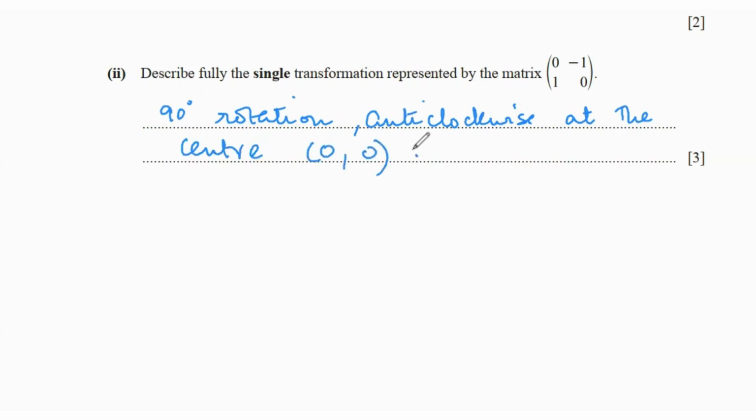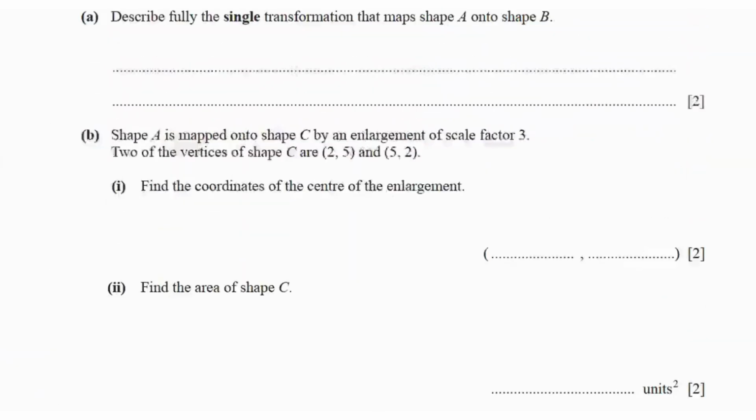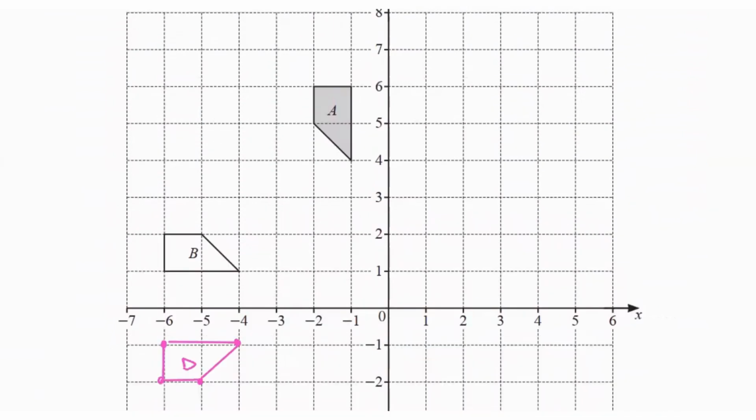How did we reach that conclusion? If we go back to the graph, we're showing the transformation from shape A to shape D. So we're going in this direction, which is anti-clockwise. And since we're moving just 90 degrees, it's a 90-degree rotation.